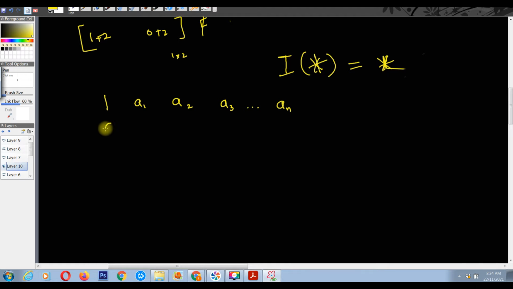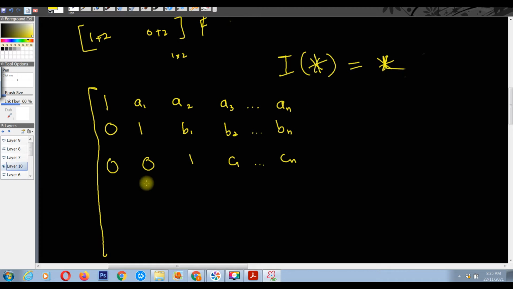So we have 0, 1, b1, b2 until bn. And then we have 0, 0, 1, c1 until cn. So this will continue until n number of rows.